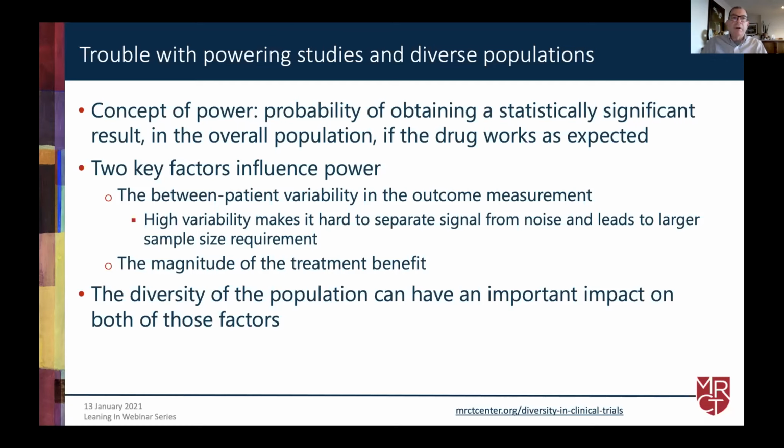So how similar or different are outcomes in patients in general, not talking about treatment effects, just in general, how different are the outcomes. And high variability makes it hard to separate signal from noise, and so leads to a larger sample size requirement to obtain the power that the sponsor wants. The second factor is the magnitude of the treatment benefit. Clearly, a drug that has a small benefit is going to require a larger sample size to detect that benefit than a drug that has a large benefit.